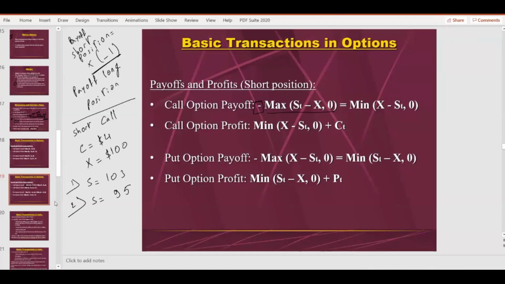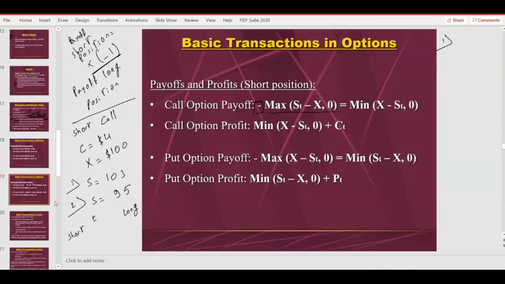Now, under the first scenario, the party with the short position will not decide whether to exercise or not. So in the best case, it's 0. Because remember, this is the party with the short position, this is the party with the long position.